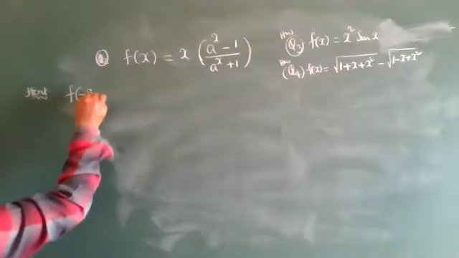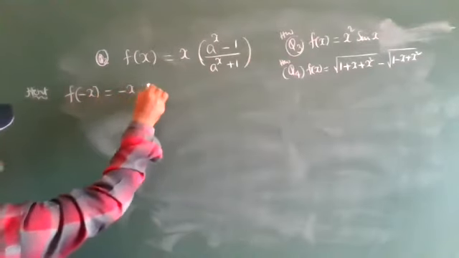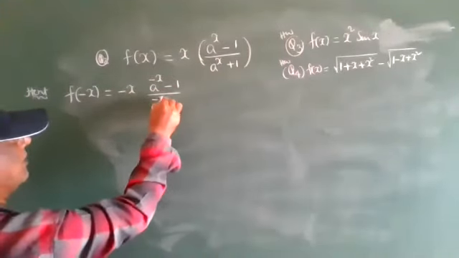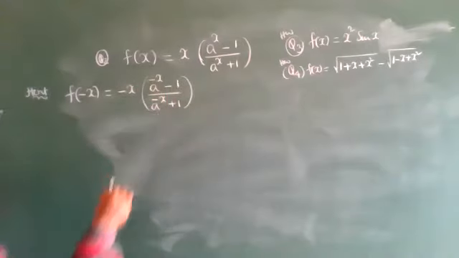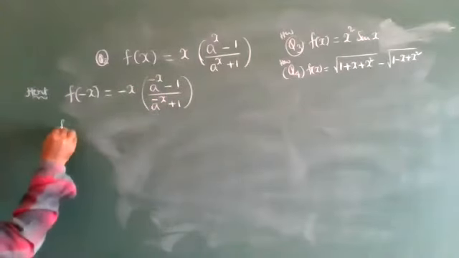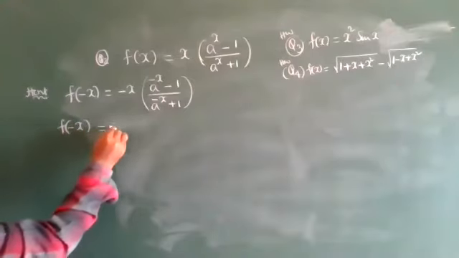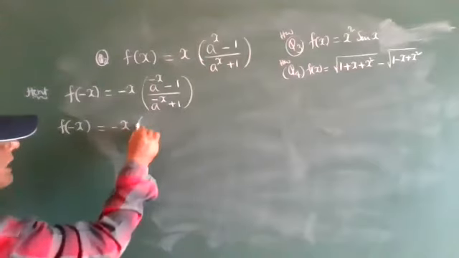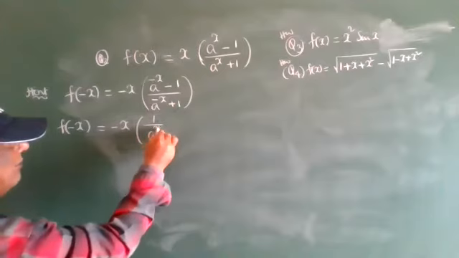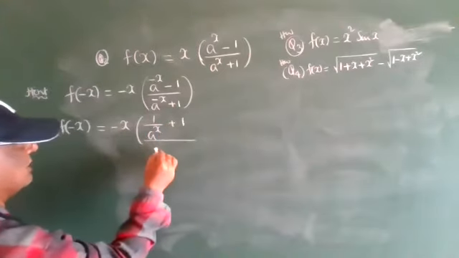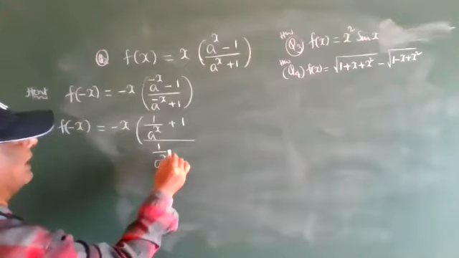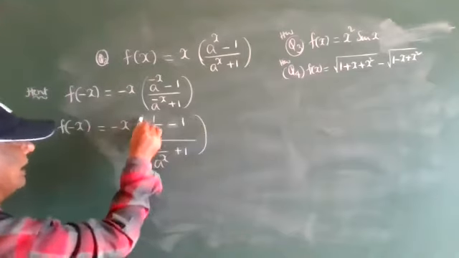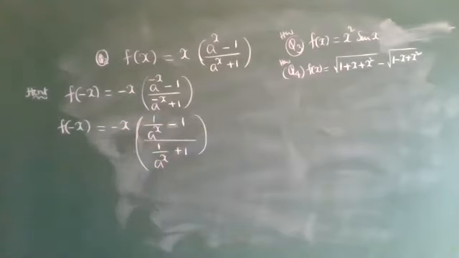Replace x with minus x. So that is f of minus x equals minus x into (a power of minus x minus 1) by (a power of minus x plus 1). Immediately write down f of minus x. Is it clear? Write the reciprocals: 1 by a power of x minus 1, and 1 by a power of x plus 1.